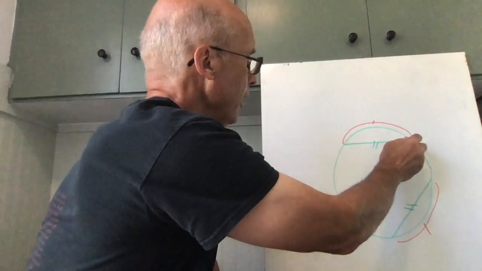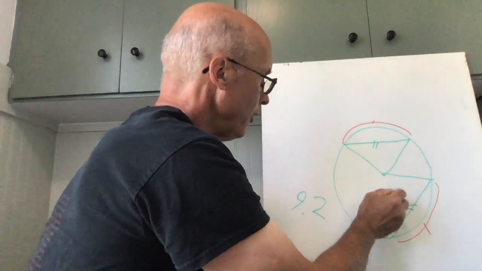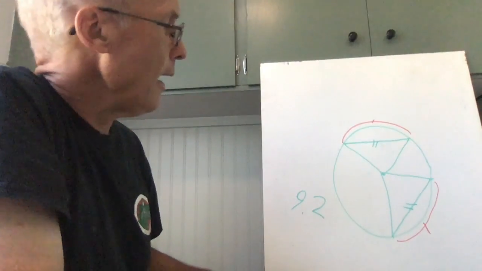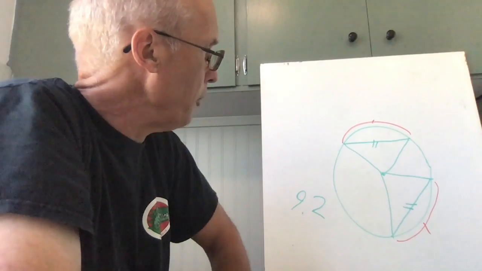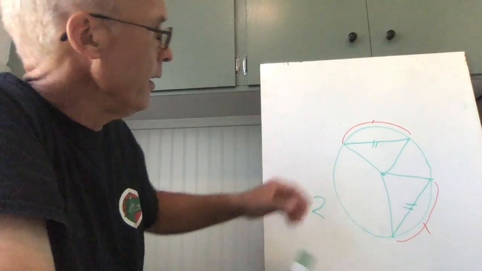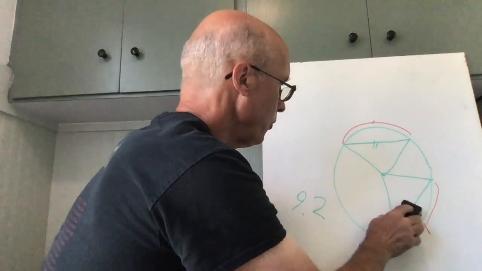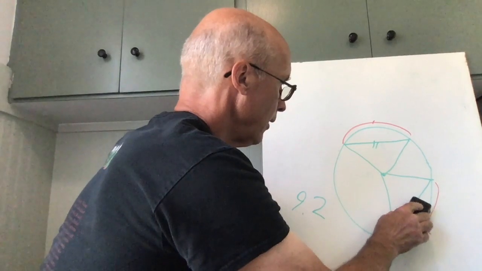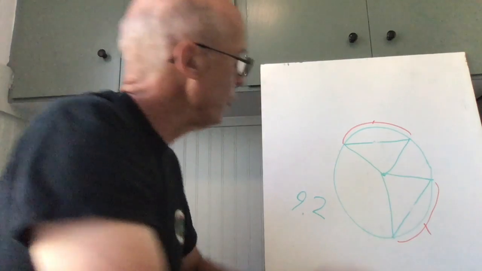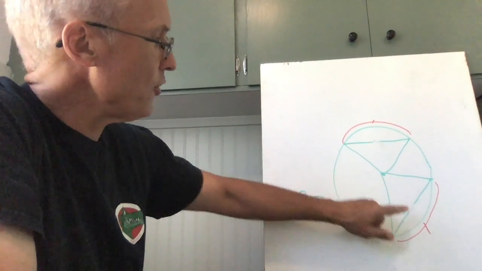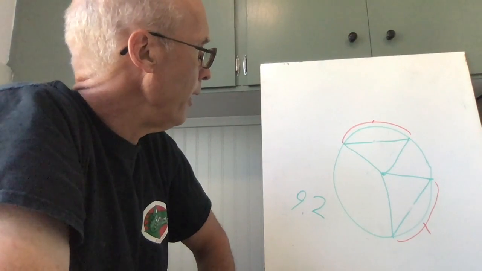Just maybe draw a triangle here and a triangle here. And I think we can reason through this really quickly. I'm not going to write down the real formal proof here, but they want you to prove that if they tell you that these two arcs are equal, these two chords are equal, okay?